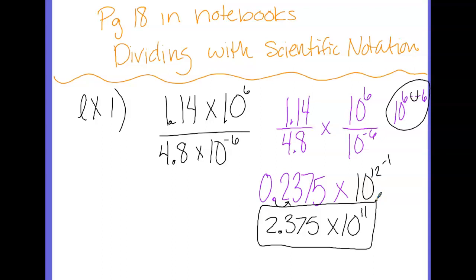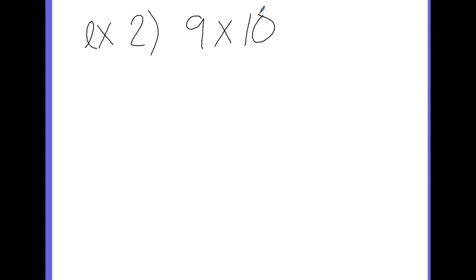Let's do another one. Let's do 9 times 10 to the negative 11th divided by 2.4 times 10 to the 8th.